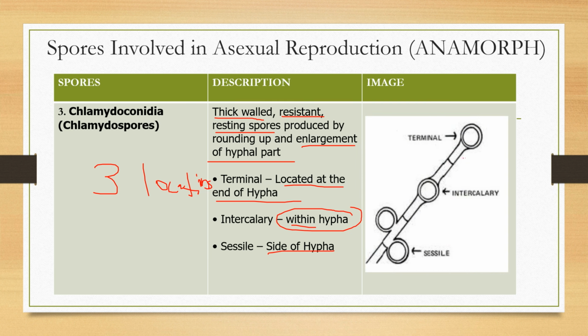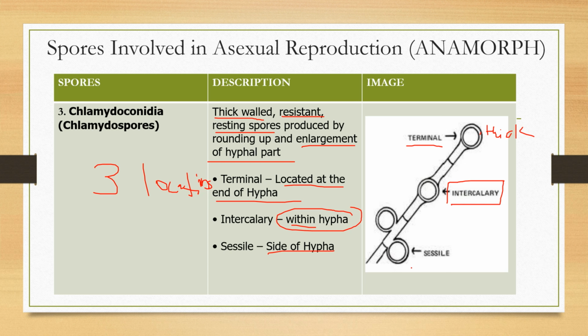So, for you to understand, take a look at this, these are thick-walled. You notice that the cell wall is thick. And they tend to be produced by rounding up and enlarging the hyphal part. And there are three locations. If it's found at the end of a hypha, it is known as a terminal chlamydoconidia. If it is found inside the hypha, it is known as intercalary.